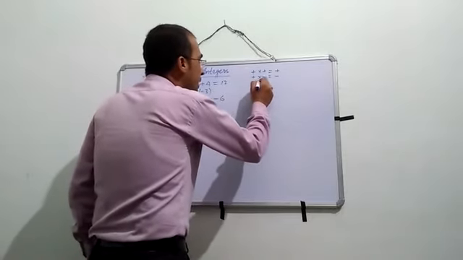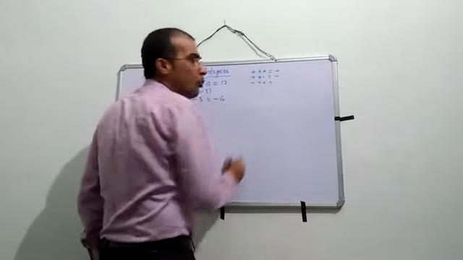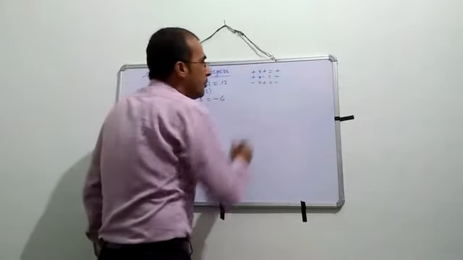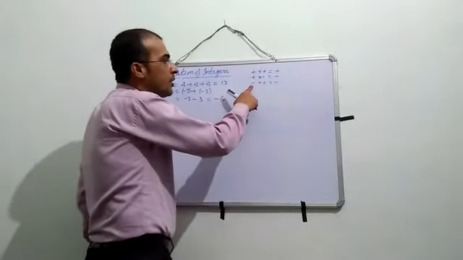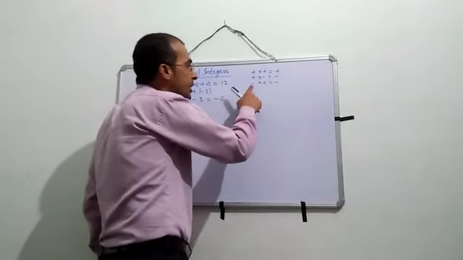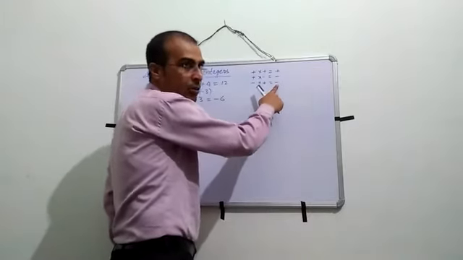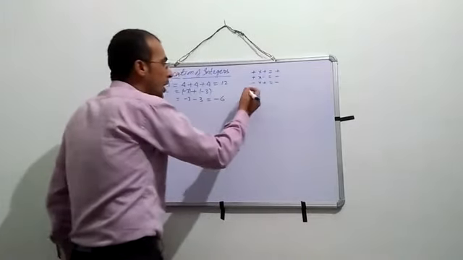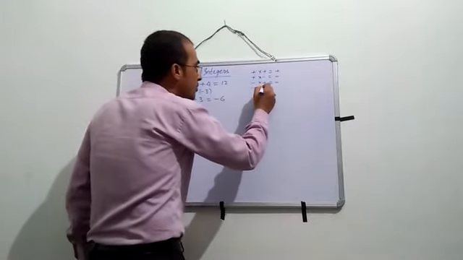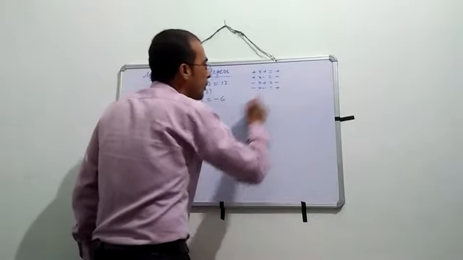Next, minus into plus is negative; if you consider two integers, one negative and another positive, their product is always a negative integer. And last, minus into minus will be plus.